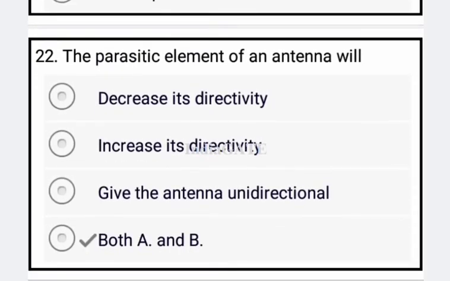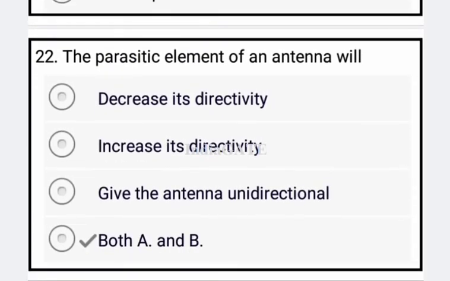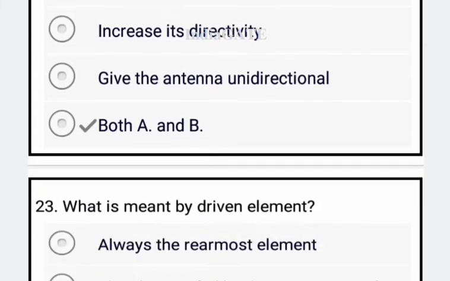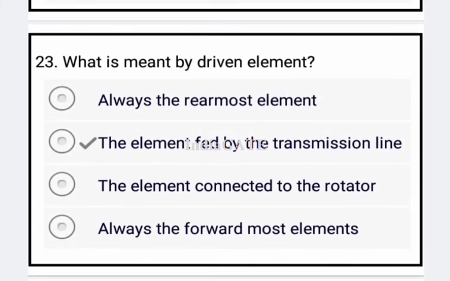Next question. The parasitic element of an antenna will be, so it can decrease its directivity and also increase its directivity. So both option A and B are correct, which means option D is your correct answer for this question. Now come to the next question.